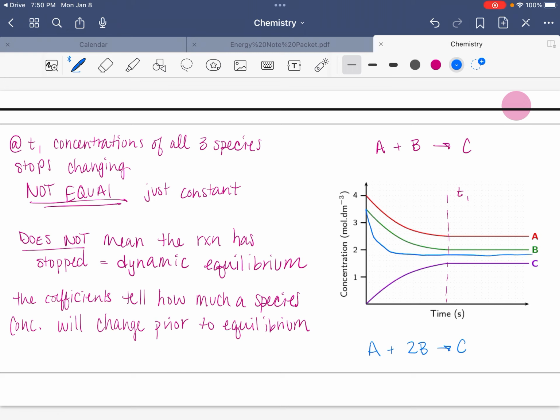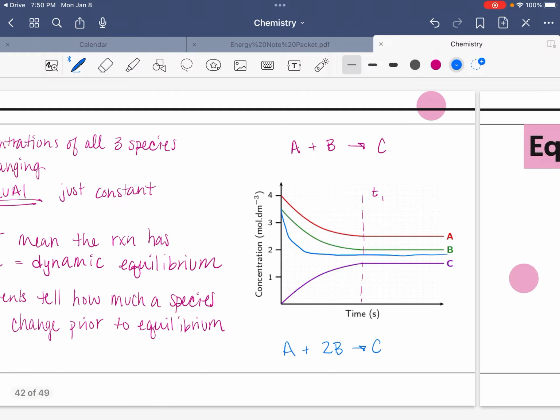That's how you can tell which species has different coefficients: if it is being consumed or produced at a faster rate, that means it has a larger coefficient.